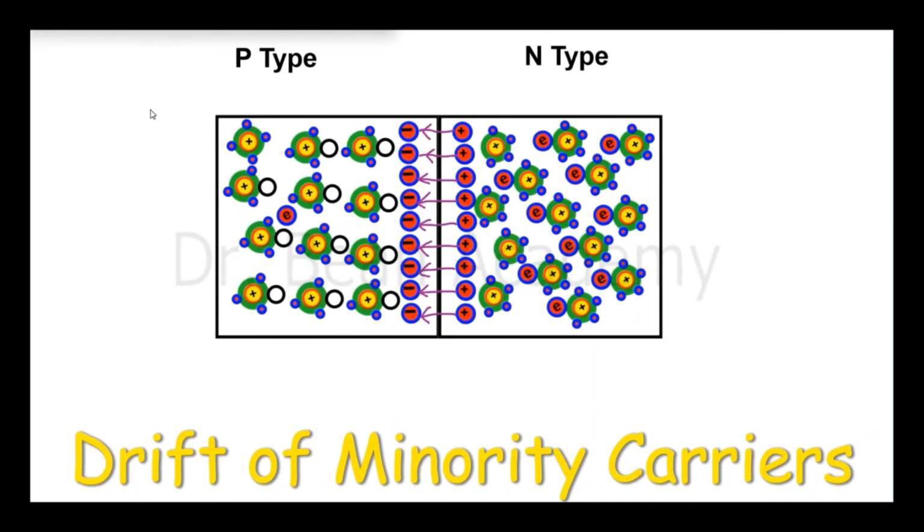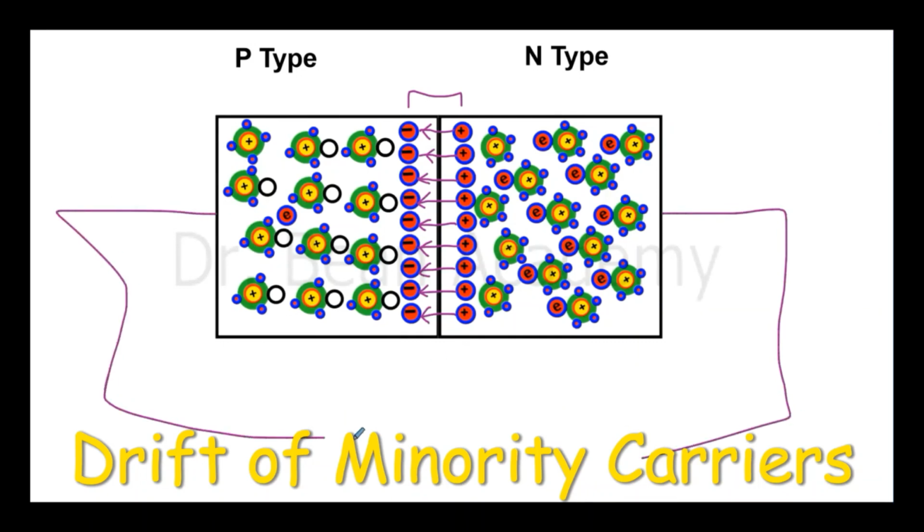Let's talk about drift current. Drift current is the current which is because of the electric field of the potential barrier here. You saw that in forward bias, the current is because of the external battery, which we connect to the terminals of the PN junction diode.